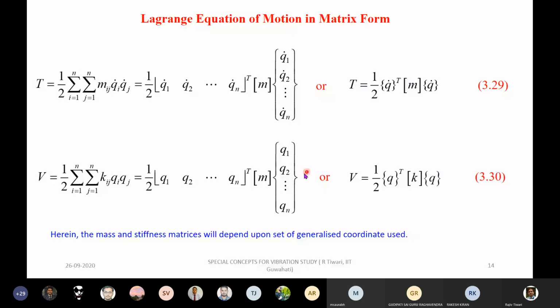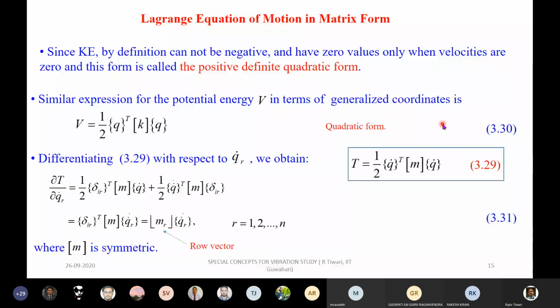Similarly, for the potential energy, we can write this kind of summation in matrix and vector form. Gradually we will be converting all the equations into vector and matrix form so that handling will be easier. So this is the potential energy and this is the kinetic energy in matrix form.